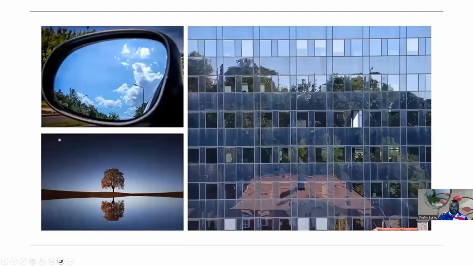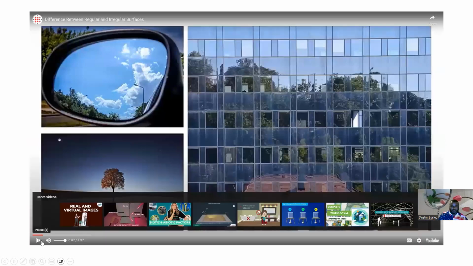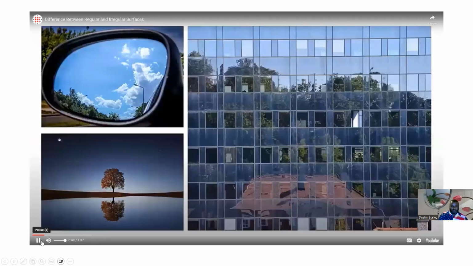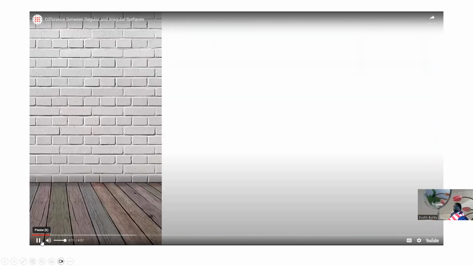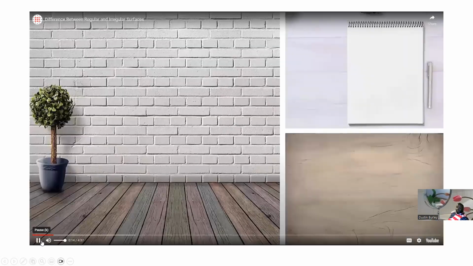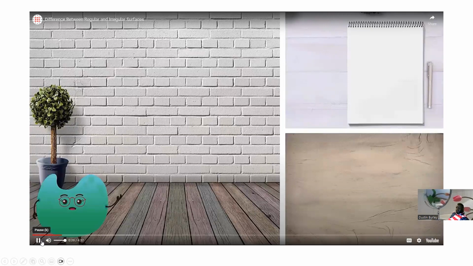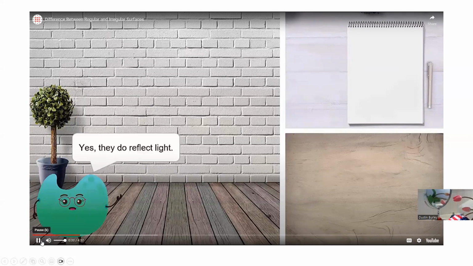We see our reflection in mirrors, in glass, and in water. But we do not see our reflection on walls, on pieces of paper, or on pieces of wood. Have you ever wondered why we can't see our reflection in these objects? Don't these materials also reflect light? Yes, they do reflect light.